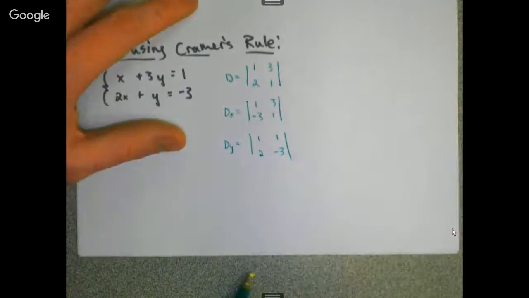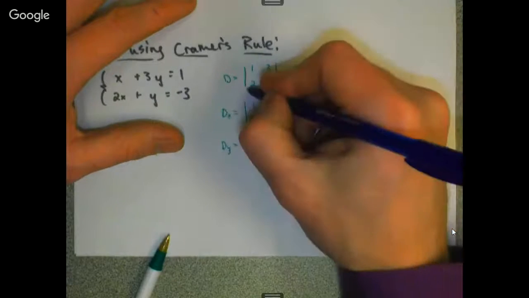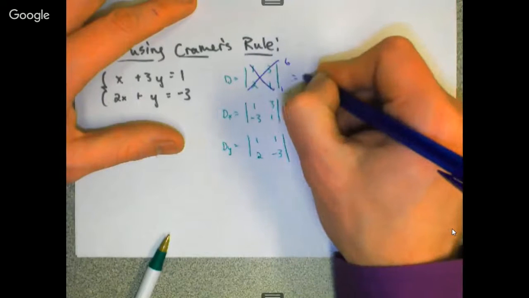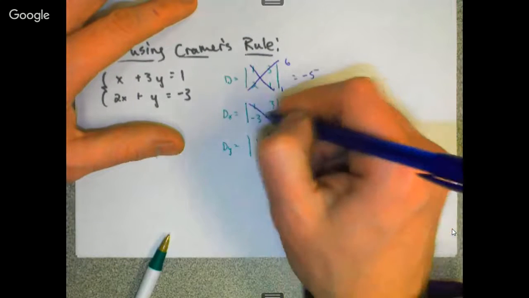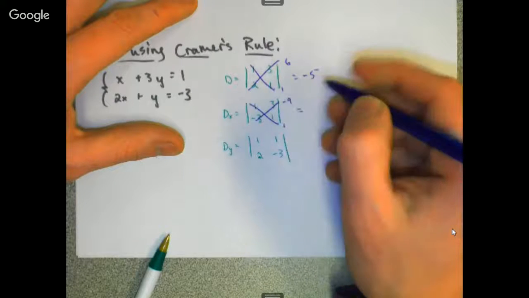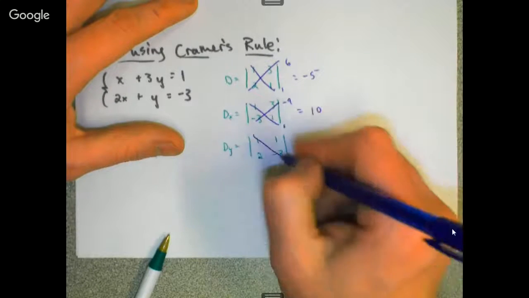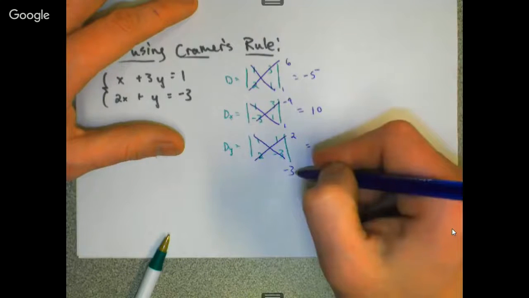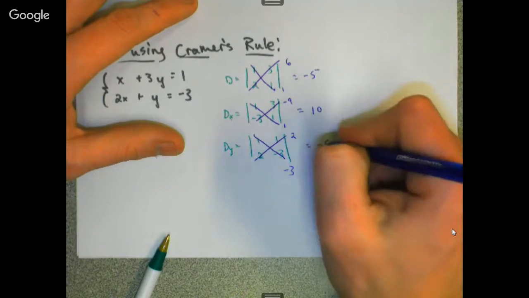Okay, and you need to find the determinant of each one of those. So 6 and 1. 1 minus 6 is minus 5. 1 minus negative 9 is 10. Negative 3 minus 2 is minus 5.